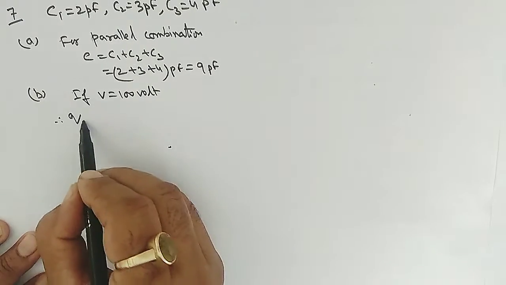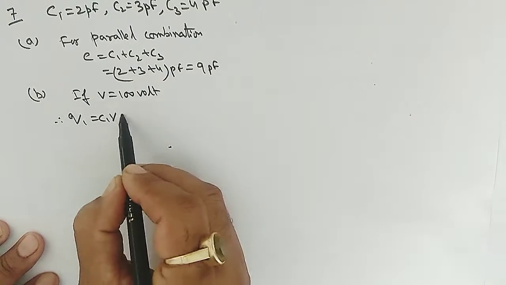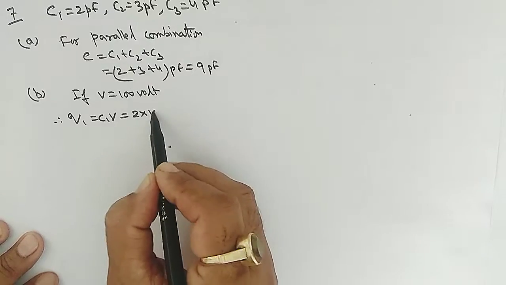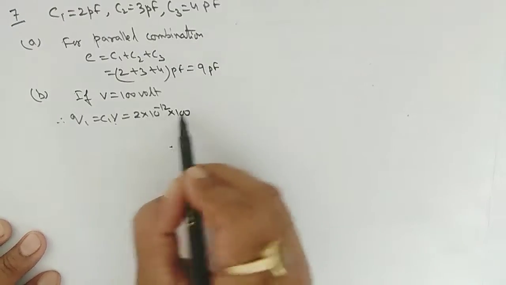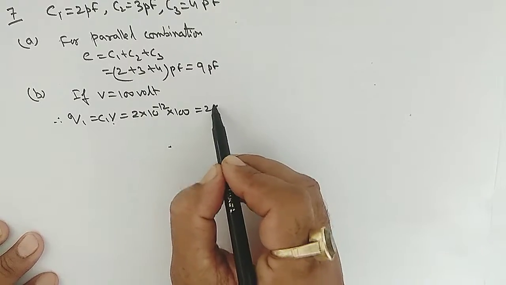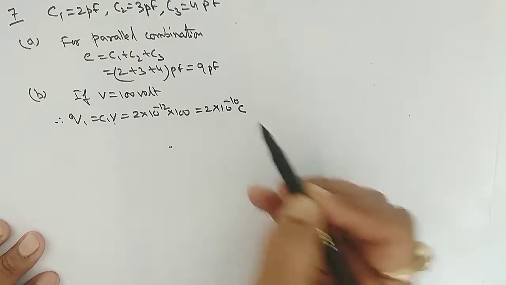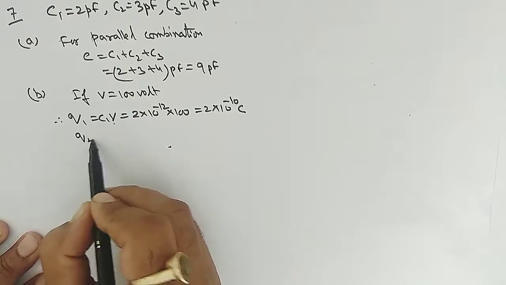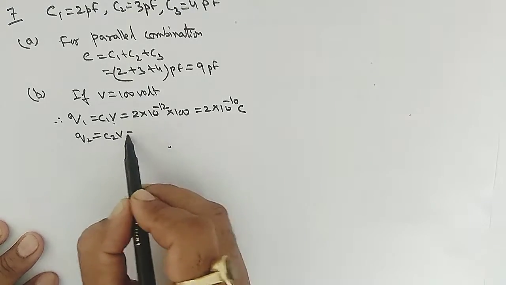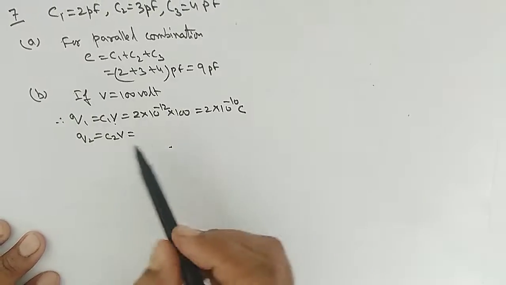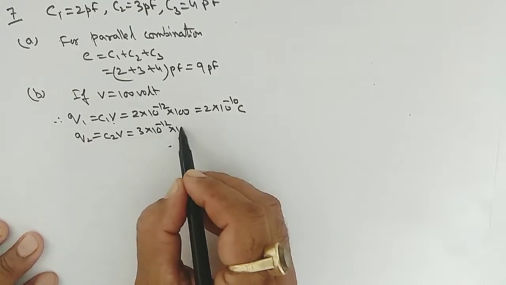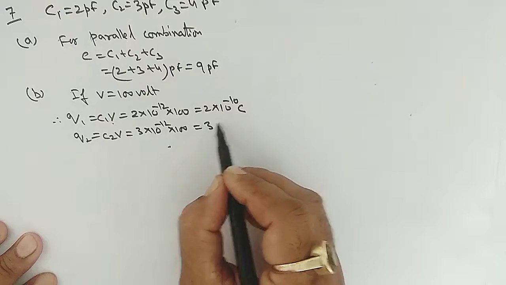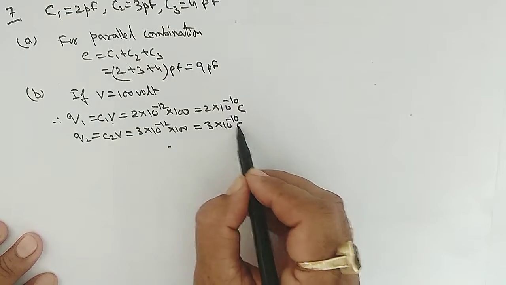Therefore Q1 is equal to C1V. C1 is 2 picofarad into 100, V is equal to 100. So it is 2 into 10 to power minus 10 coulomb. Similarly, Q2 is equal to C2V, and C2 is 3 picofarad, so 3 into 10 to power minus 12 into 100, that is 3 into 10 to power minus 10 coulomb.